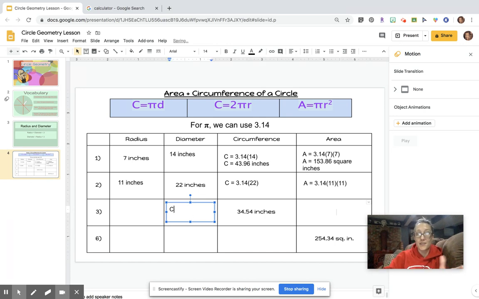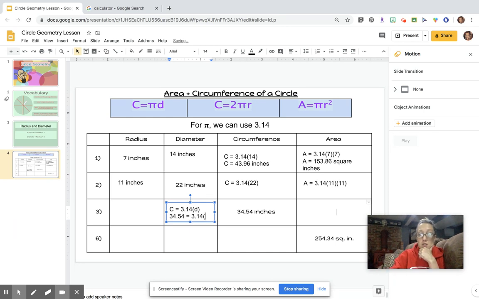I know that circumference is equal to 3.14 times the diameter, because it's up in my formula. So 3.14 times the diameter. Well, if my circumference, they already tell me, is 34.54, then I just need to figure out the diameter.